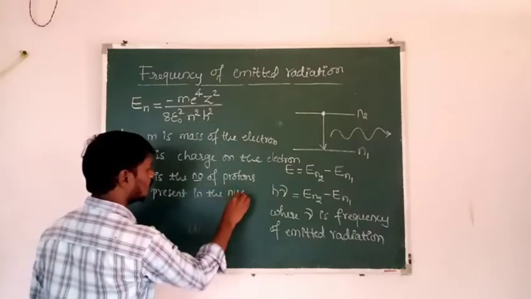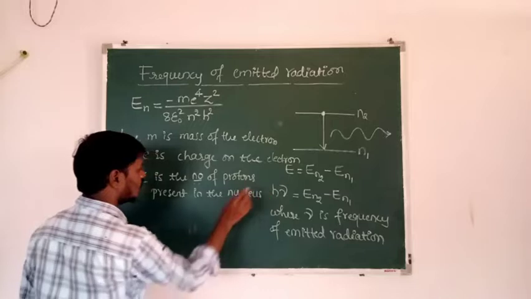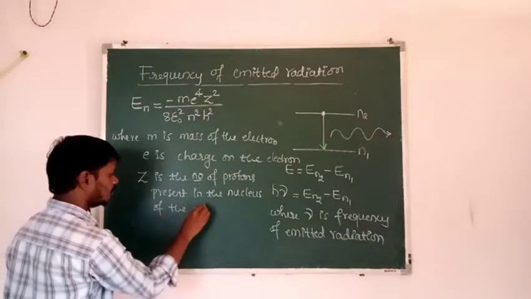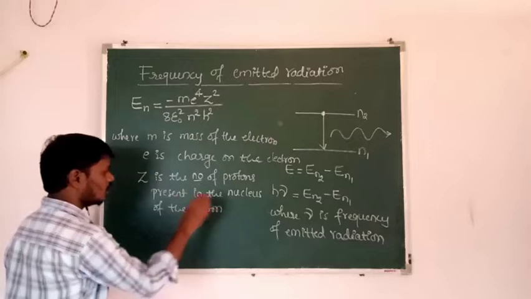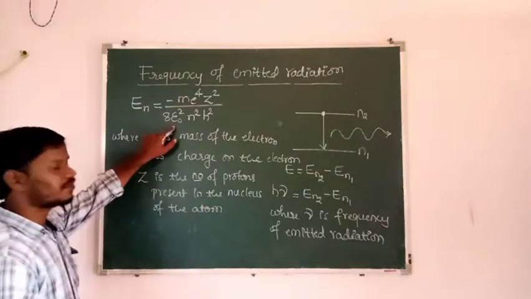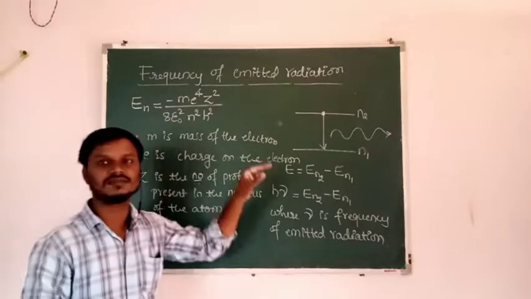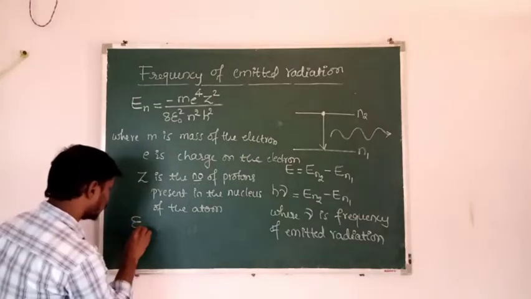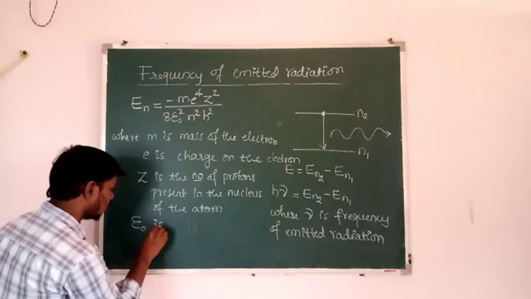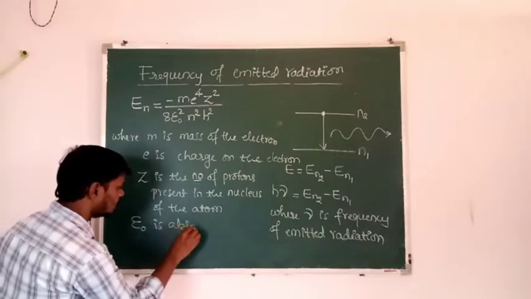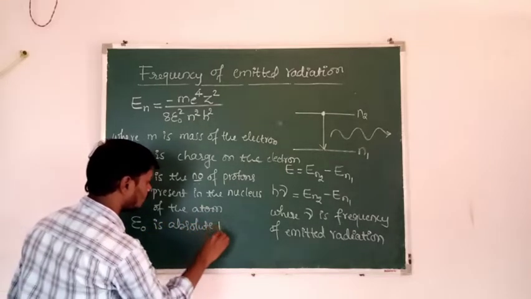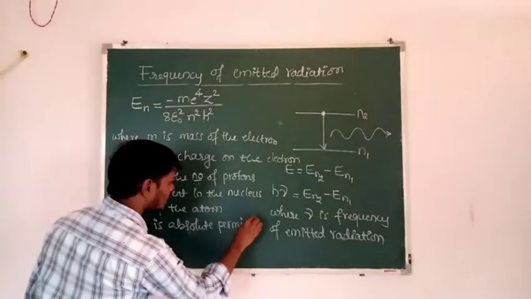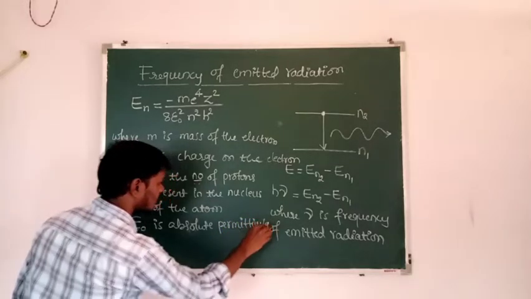Then what about epsilon naught? Epsilon naught is nothing but the absolute permittivity of free space.